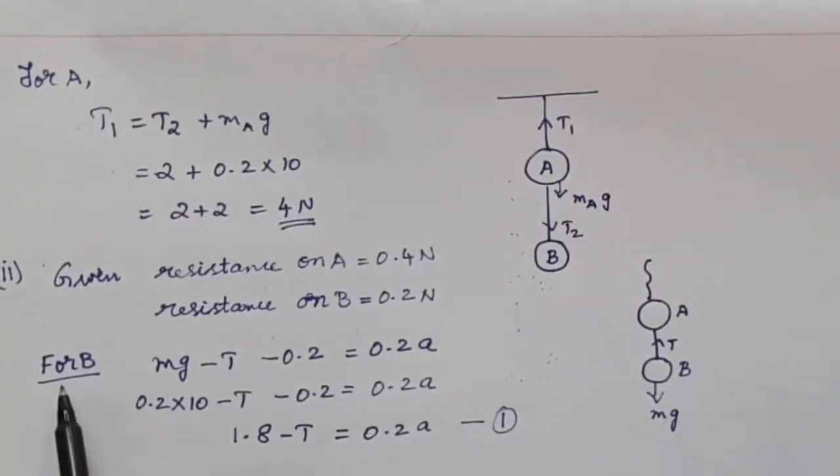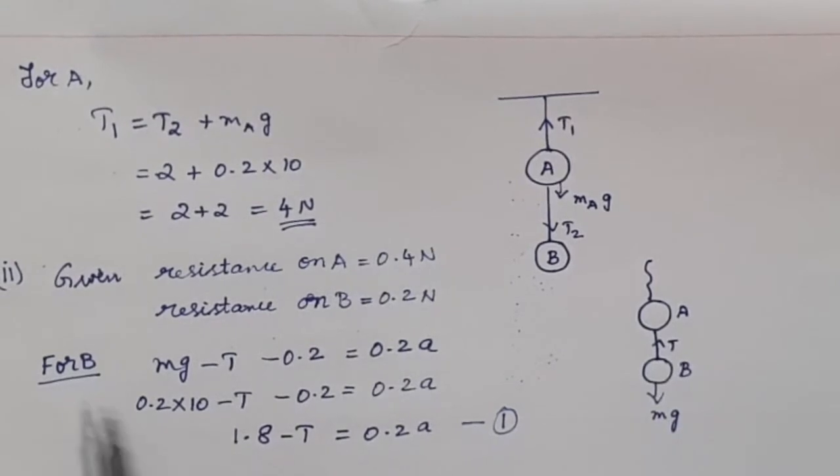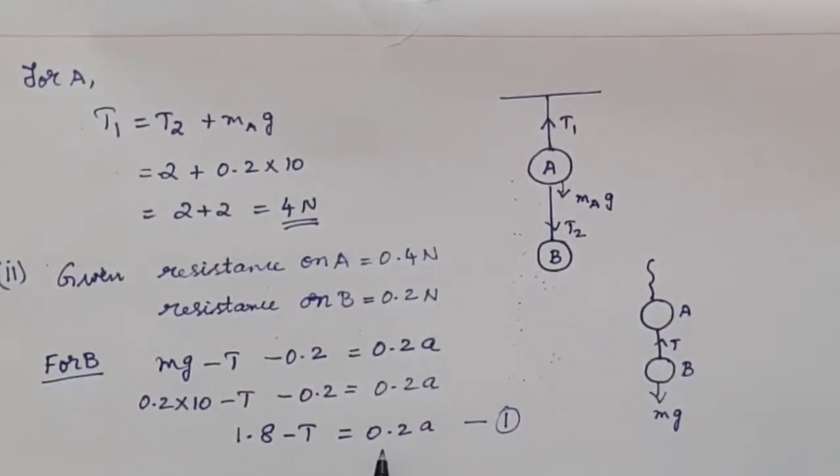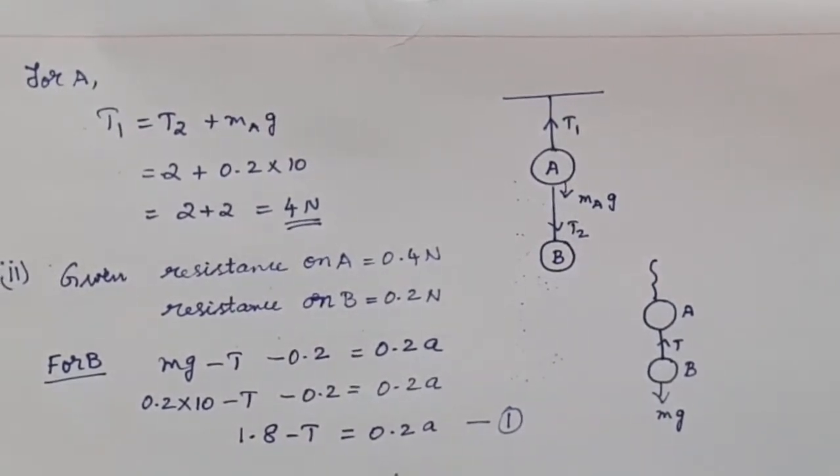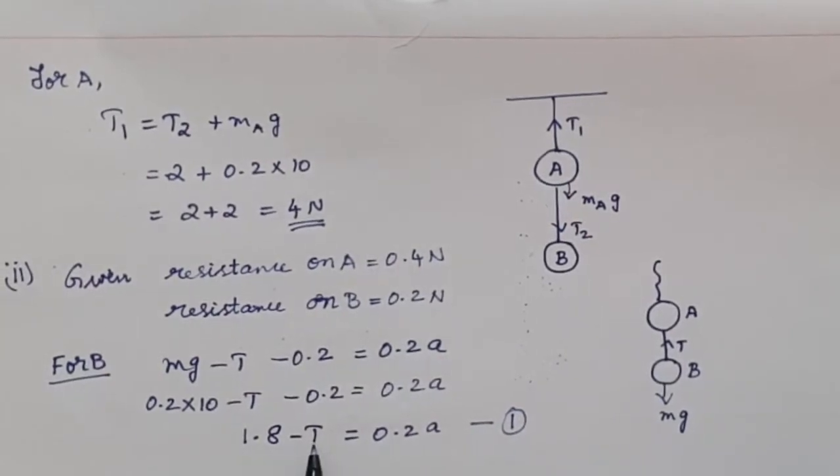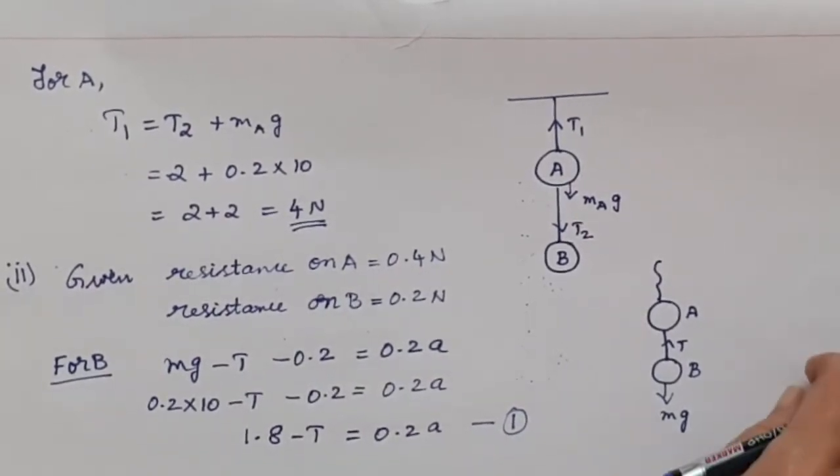Now we have found all the forces acting on B. In the same way, we'll find the forces acting on A and then solve the two simultaneous equations and find the values for T and A.